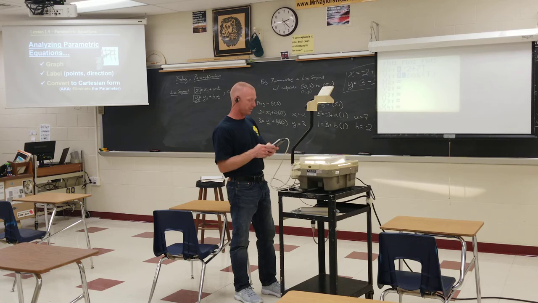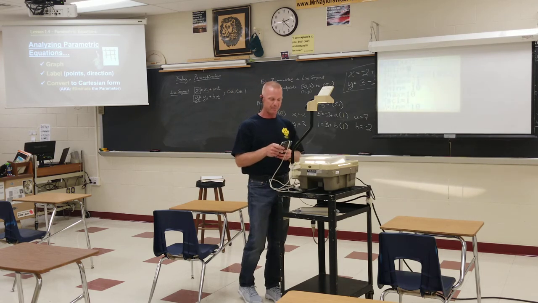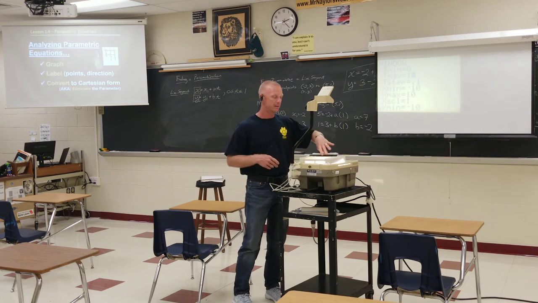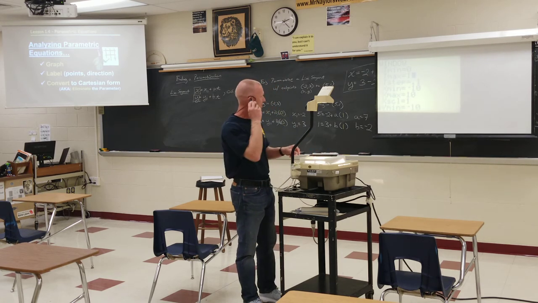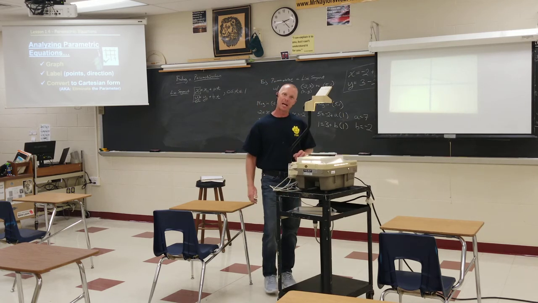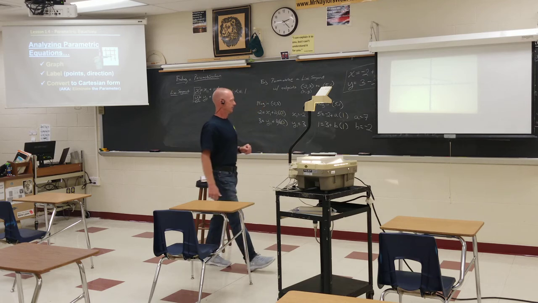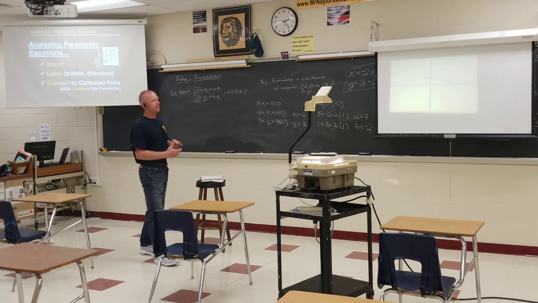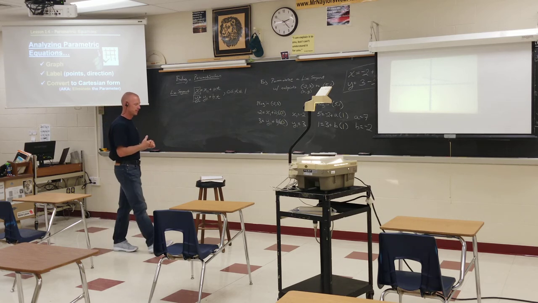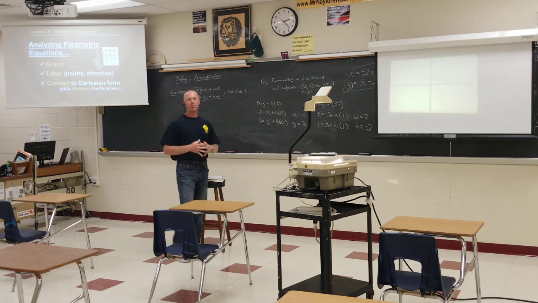I can type in 3 minus 2t. And in my window, I want to carefully go from just 0 to 1. I change my t min and max to 0 to 1. And I get a line segment. Okay, it's actually the same line segment that we did look at before we started the problem. And that is finding the parameterization.